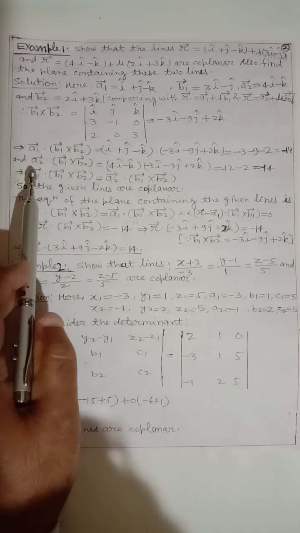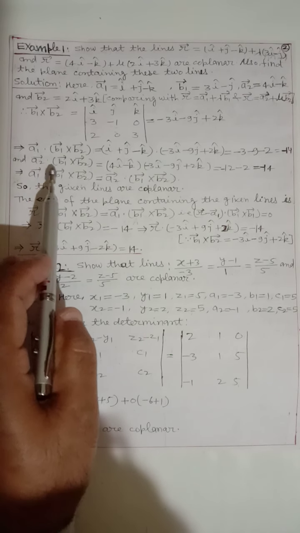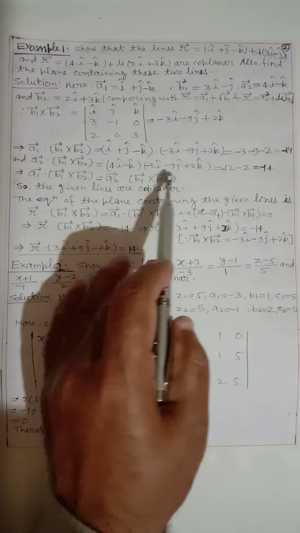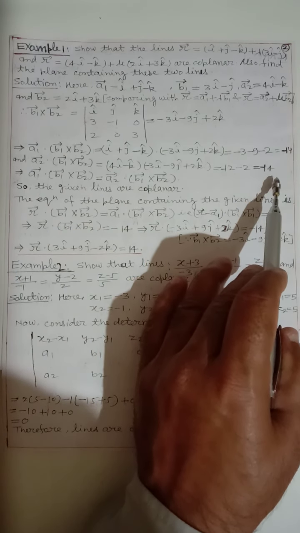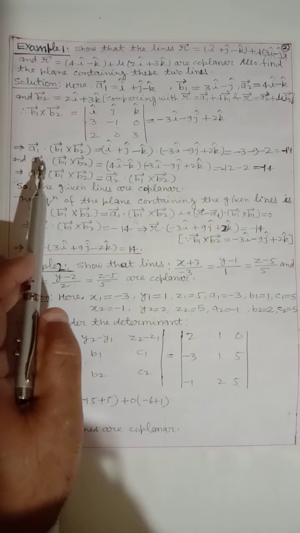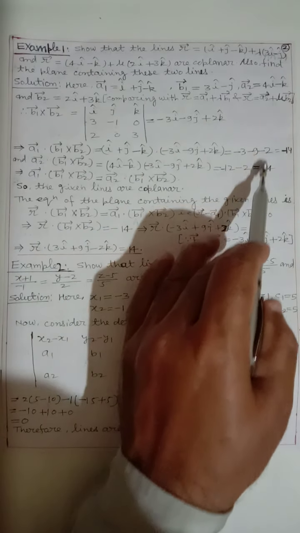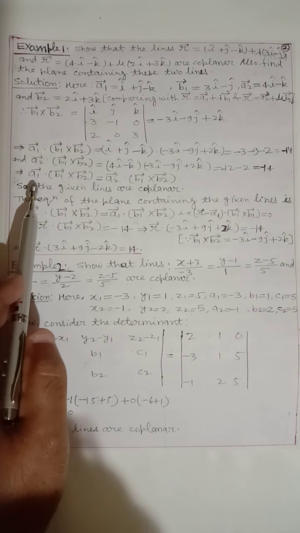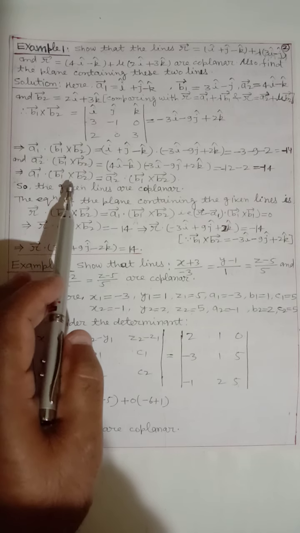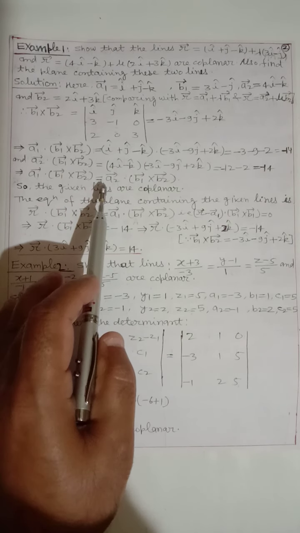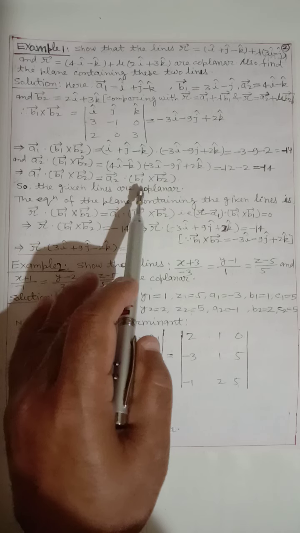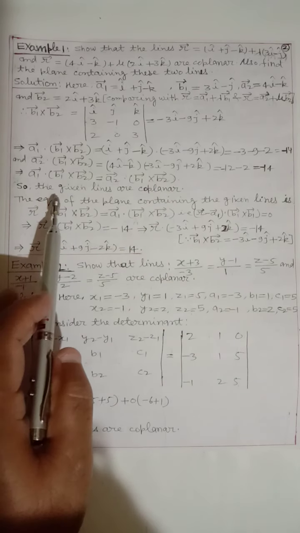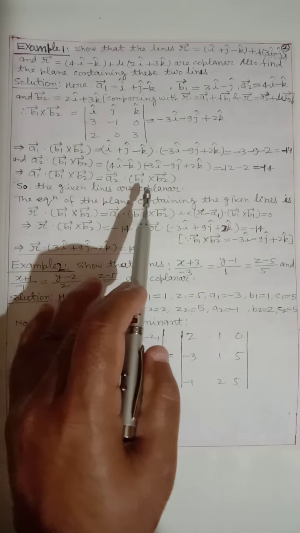Similarly, the value of vector a2 dot vector b1 cross vector b2 is also equal to minus 14. Therefore, we can see from these two that vector a1 dot vector b1 cross vector b2 equals vector a2 dot vector b1 cross vector b2. So the given lines are coplanar.